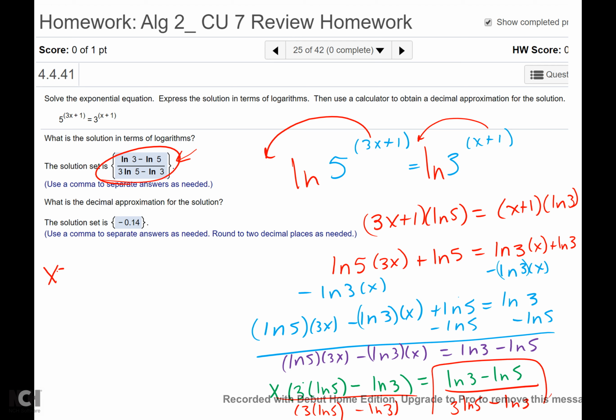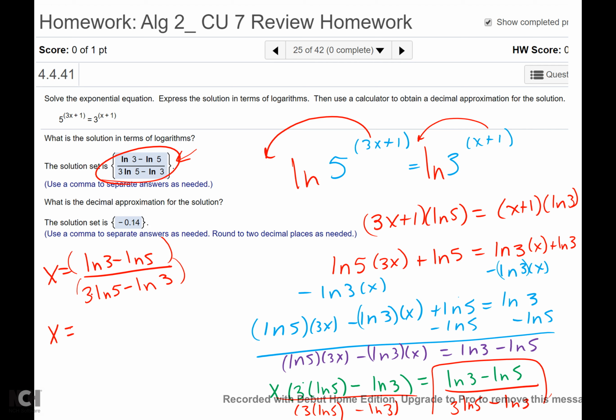So now to solve it, I type in ln 3 minus ln 5 in parentheses, over 3 ln 5 minus ln 3. Yeah? So if I type that in, I'm going to do parentheses ln 3, close the parentheses around the 3, minus ln 5, close the parentheses, close the numerator, divided by 3 times ln of 5.